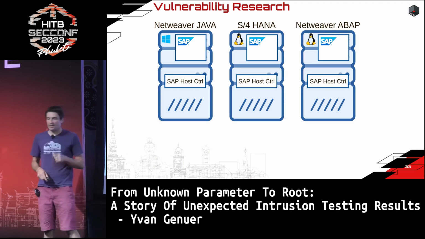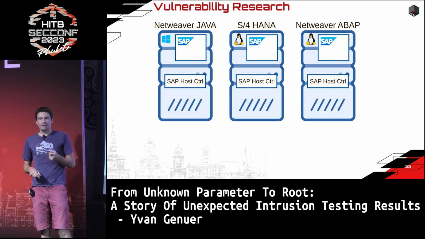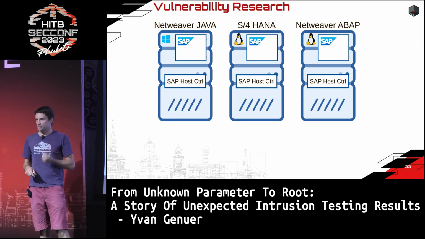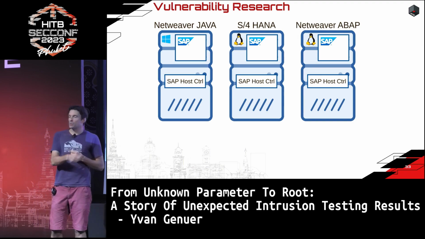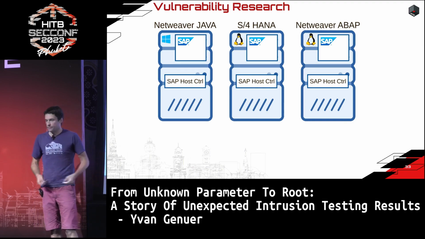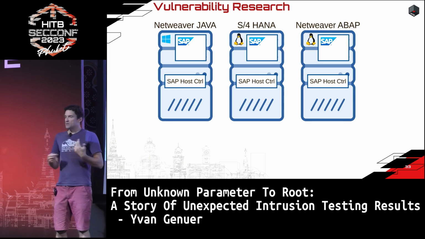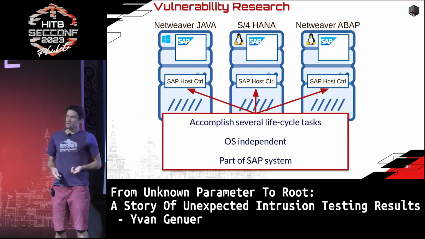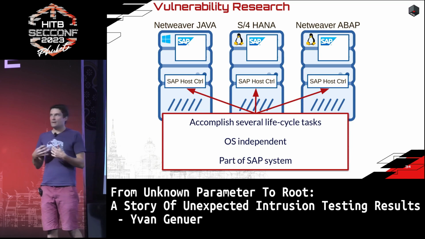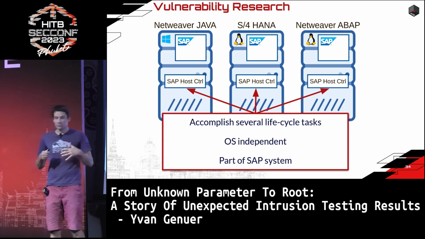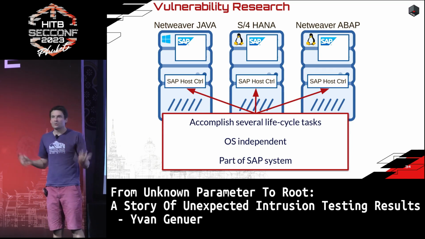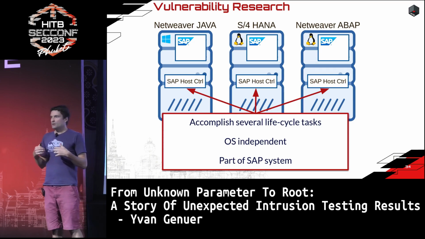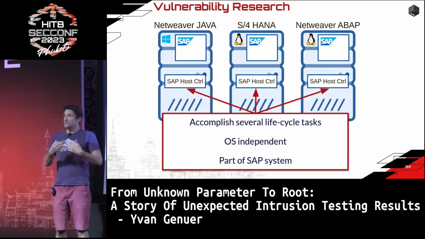There is one component that exists on every SAP server: the SAP host control, the SAP host agent. Like I said, the SAP host agent is present on all systems, and the purpose of the SAP host control is to do what we call lifecycle tasks. SAP administrators can stop and start the system using this component.